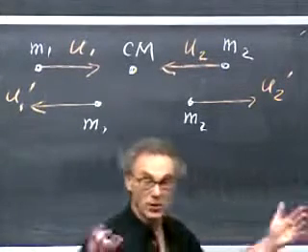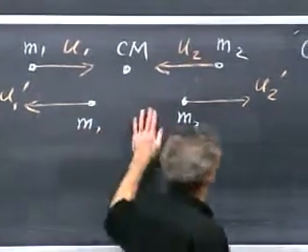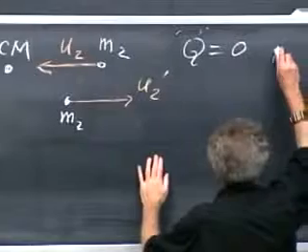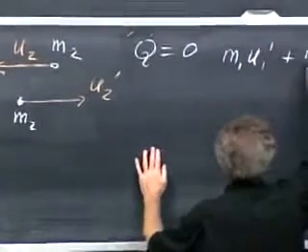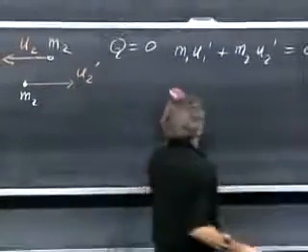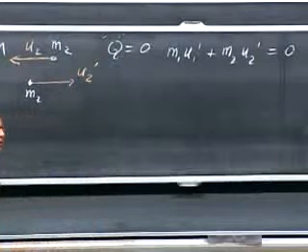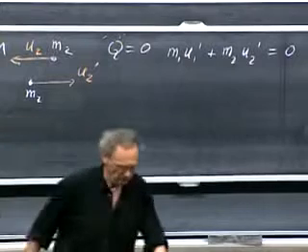Now I know that momentum is zero, so I can already write down for this situation after the collision that m1 times u1 prime plus m2 times u2 prime must be zero. I don't write them down as vectors. That's not necessary because it's a one-dimensional collision, and the signs will automatically take care of the directions.